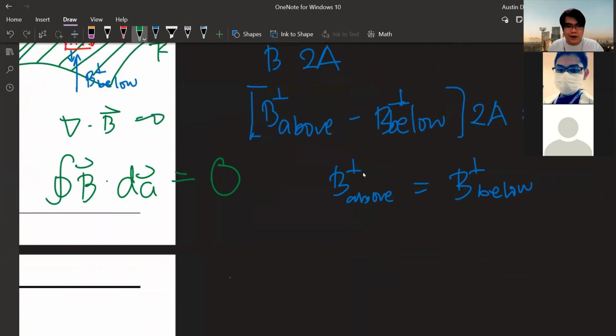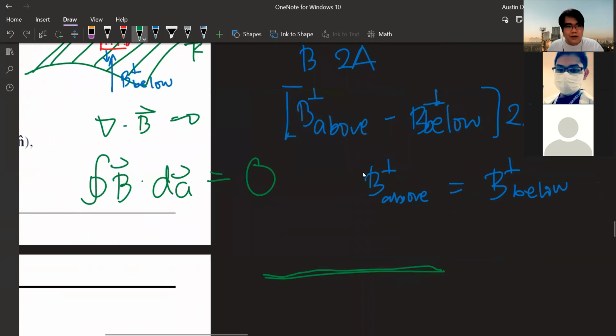Side view tayo. Kunyari ito yung sheet mo. Yung sheet of current. Oh my God. Sheet of current. Then, of course, papunta sa atin yung current. Okay?